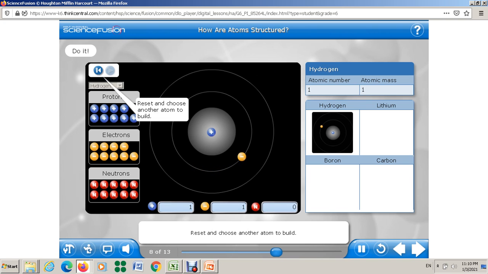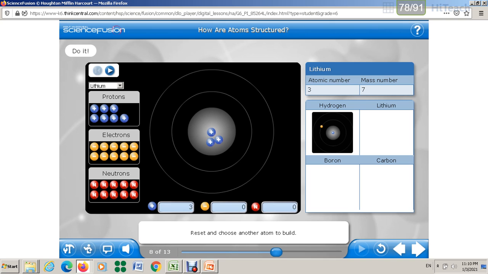Reset and choose another atom to build. Okay, I'll build another one. Let's see, for lithium, the atomic number is 3, which means I have to put 3 protons. 1, 2, 3, right? The mass number is 7.